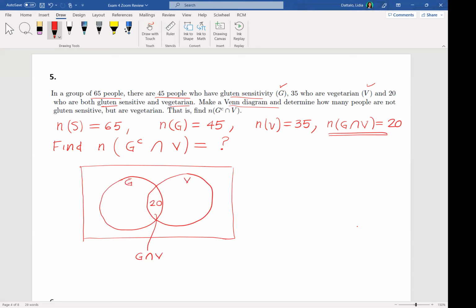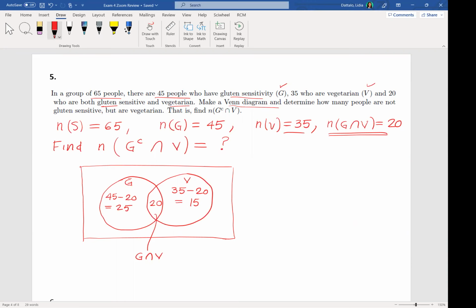G says the number of G is 45. So this number would be 45 minus the intersection, which is 25. Now V is 35. So this would be 35 minus 20, which is 15. All right.